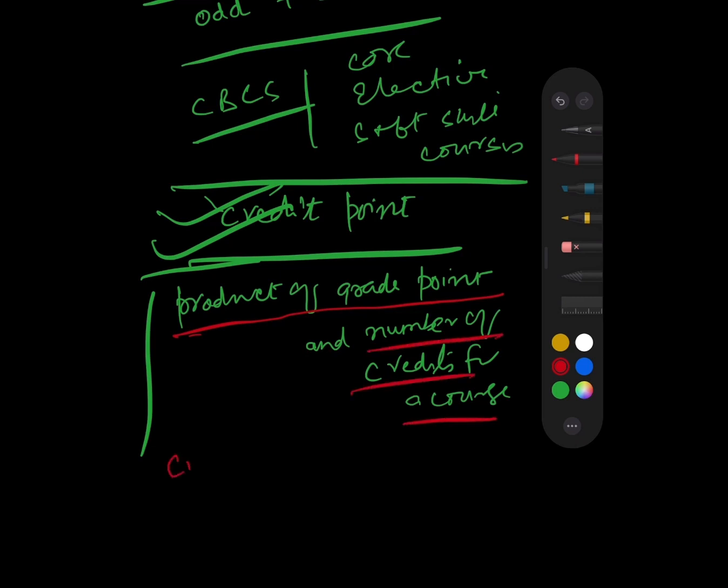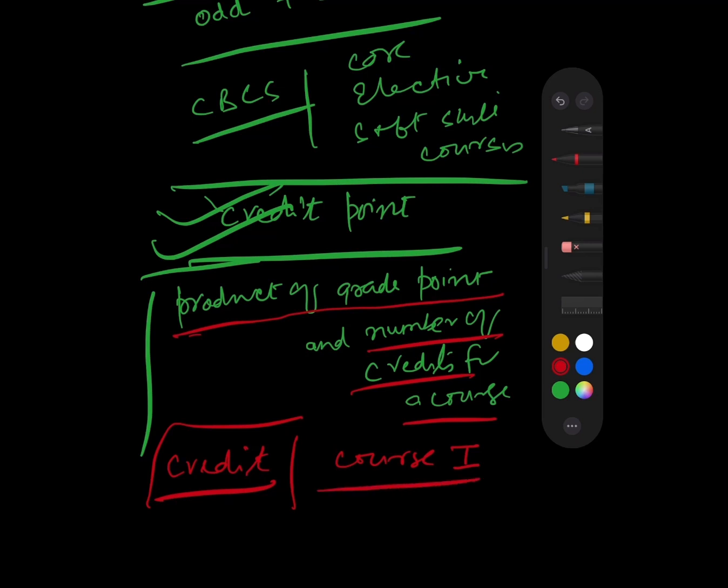What is credit? Credit is actually a unit by which a course is measured. It determines the number of hours per week. For example, let us take one example from English literature.